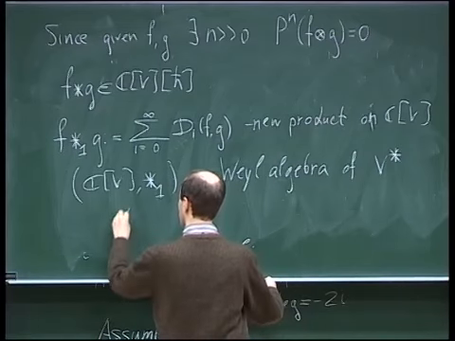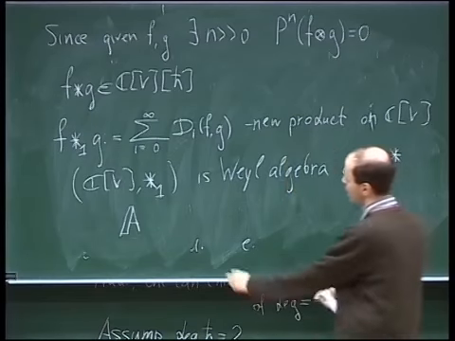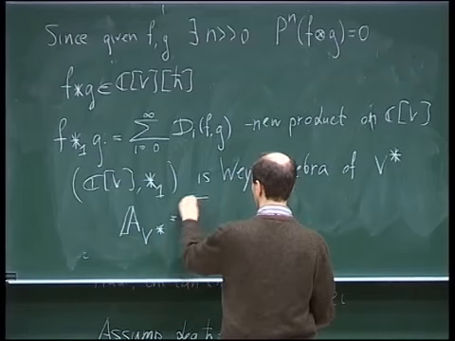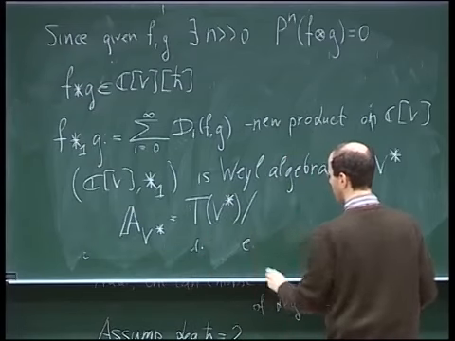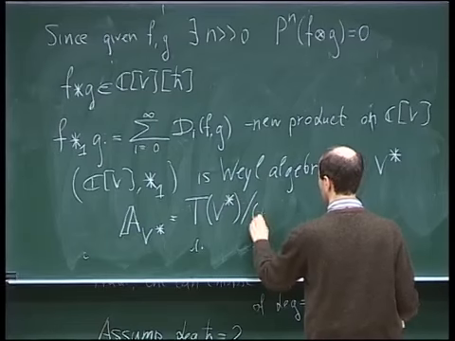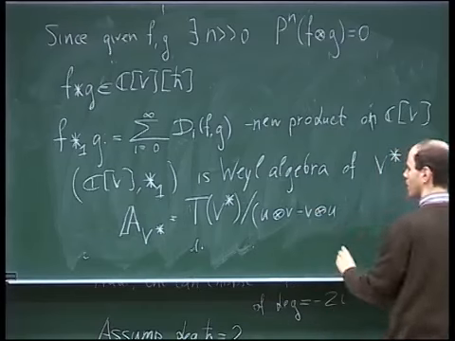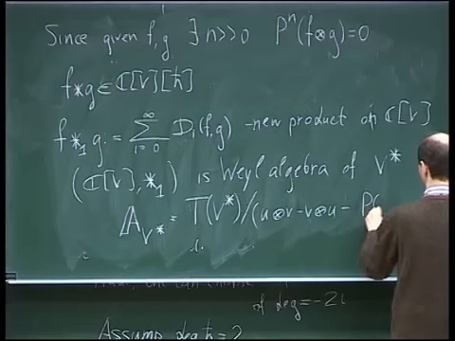I denote it with bold A of V dual. It is the quotient of T of V dual by u times v minus v times u minus P of (u, v).